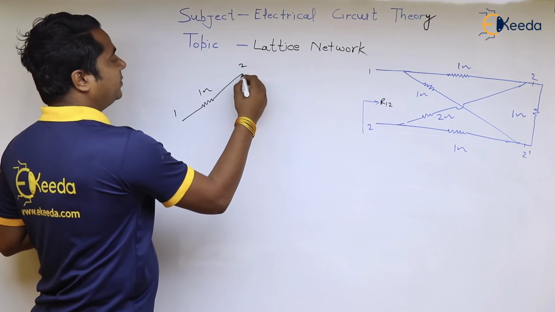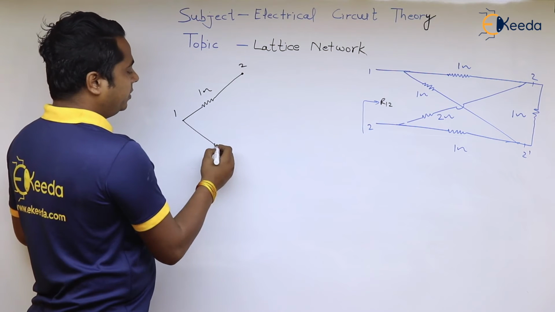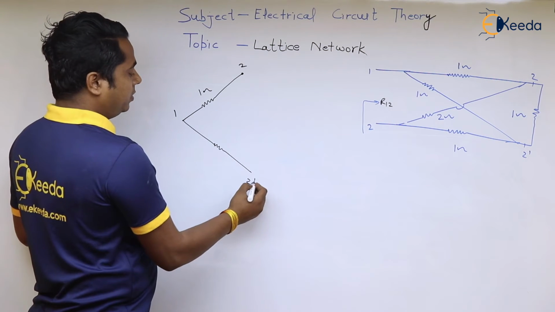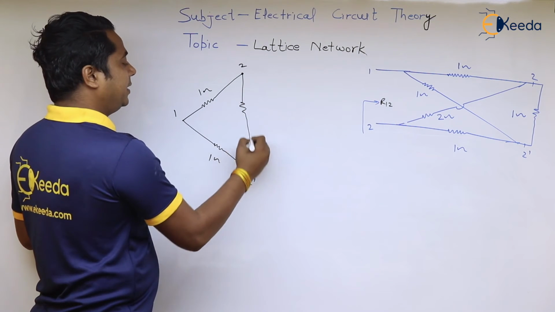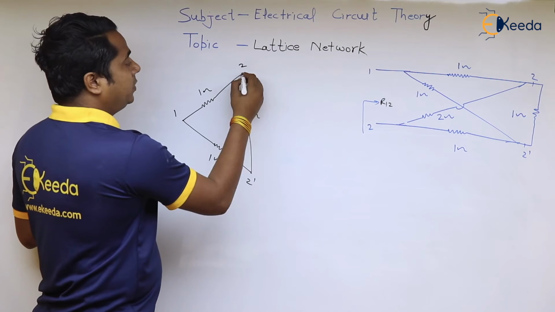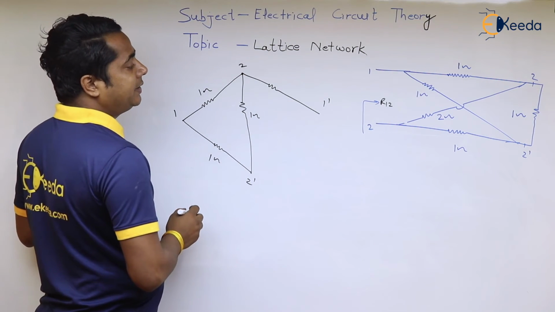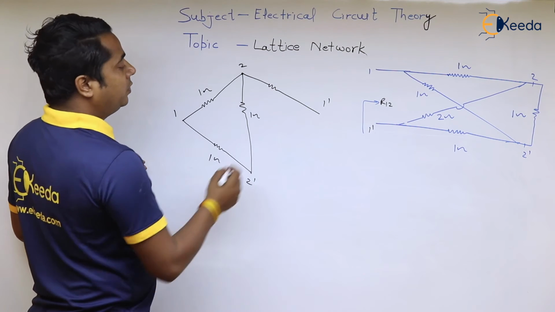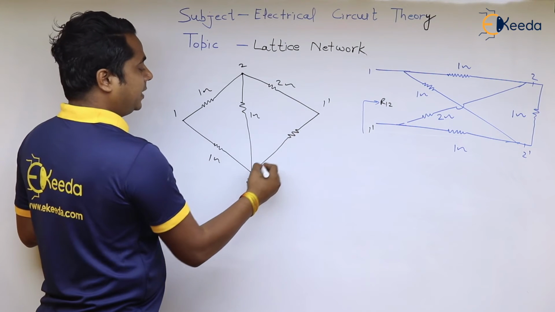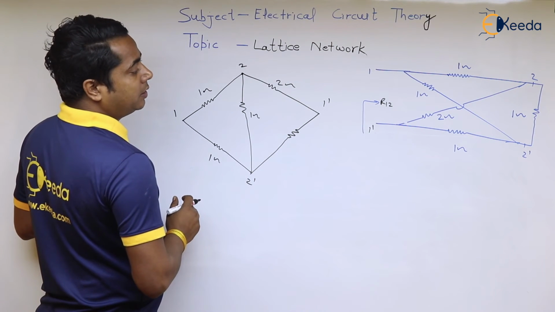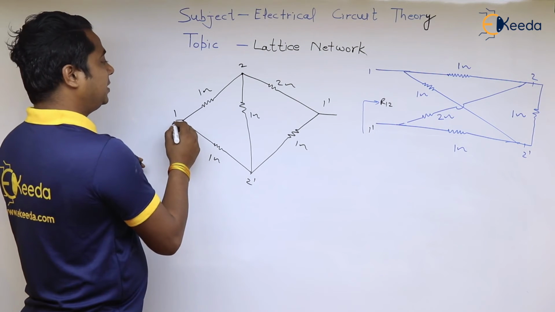This is a very fast process. 1 and 2 dash are connected with 1 ohm. 2 and 2 dash are connected with 1 ohm. 2 and 1 dash are connected with 2 ohm. 1 dash and 2 dash are connected with 1 ohm.